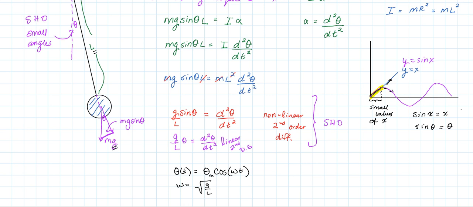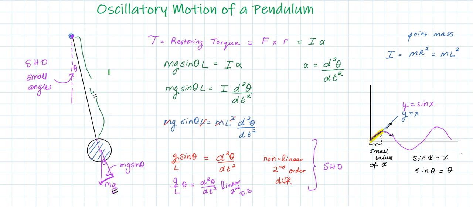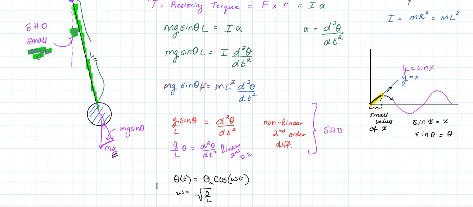However, if we had a situation where one of two things were different, either this angle was not a small angle, or there was actual mass to take into account that was distributed along this line, then this would no longer be the function that provided the position at any given time.